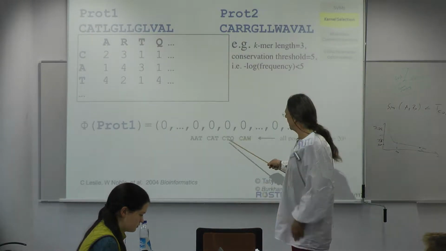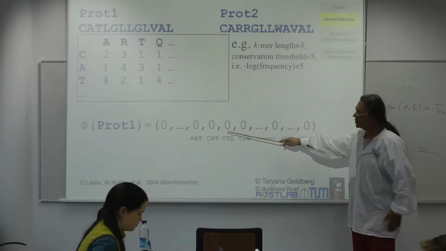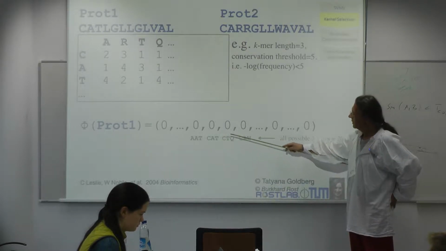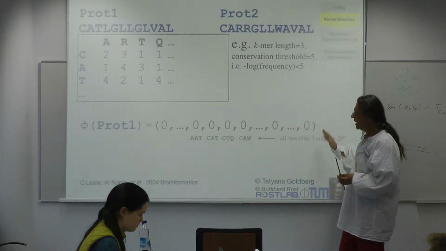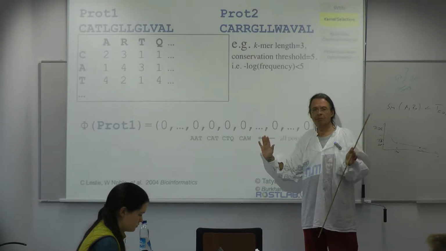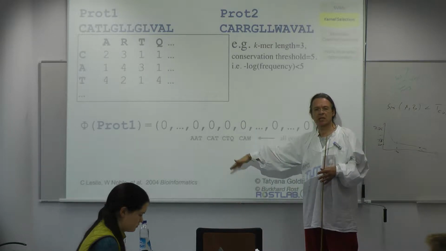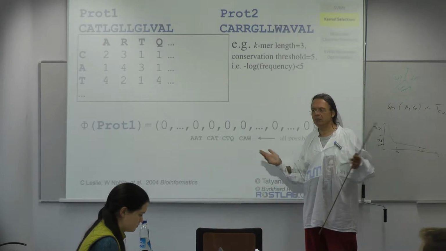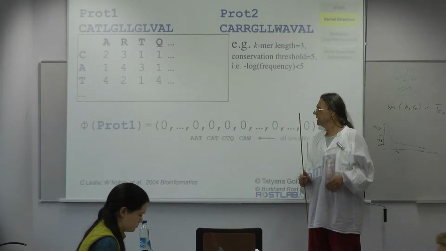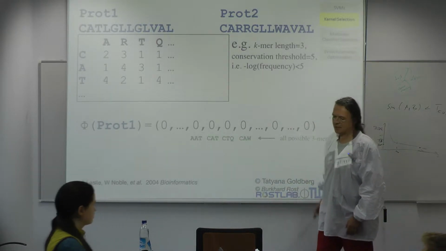Each of these positions stands for one particular k-mer. So this 42 here is cat. The way they are ordered is completely random, but it must be sure, of course, that all vectors are ordered the same way. The way you order them, there's no information in it. It's just that they're all ordered the same way. Let's look at this cat.